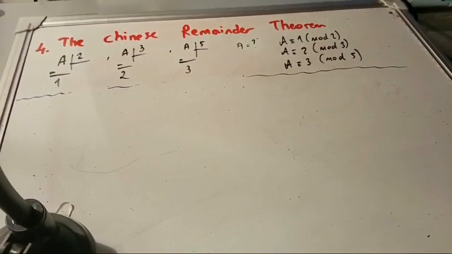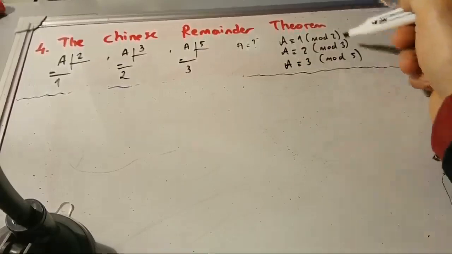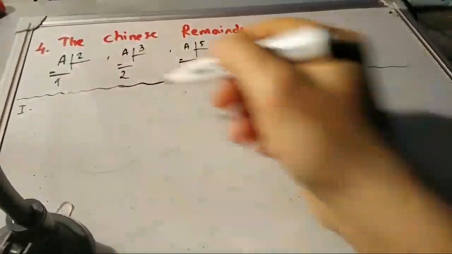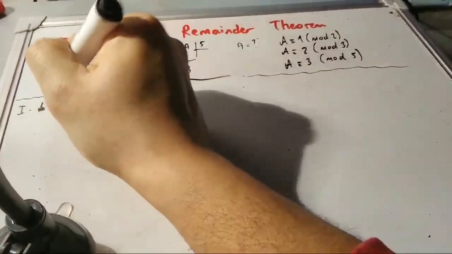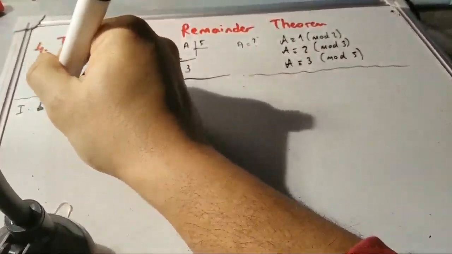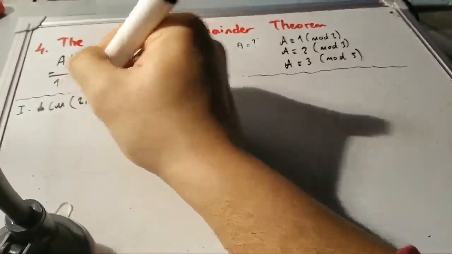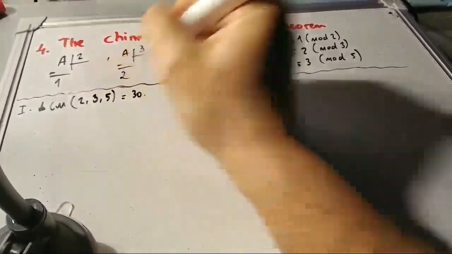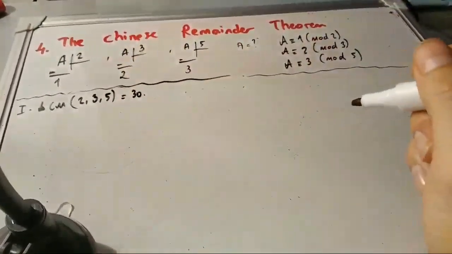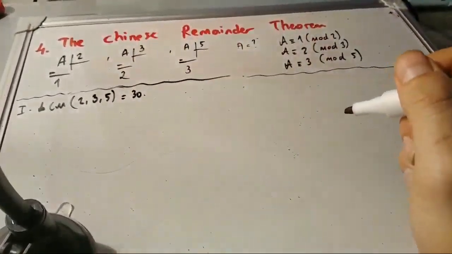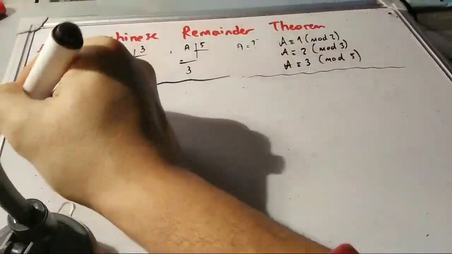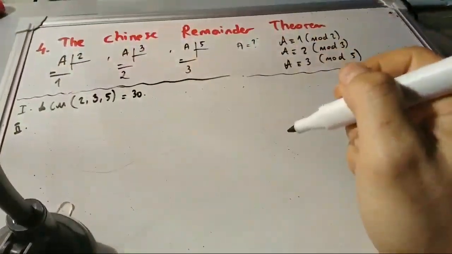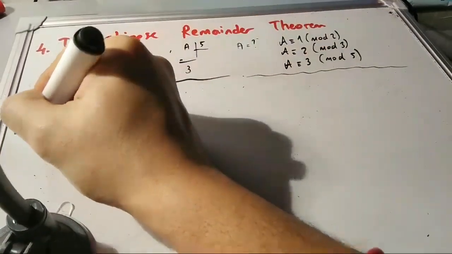First we have to find the least common multiple of 2, 3, and 5, which is 30. And after that, for the second step, we will find K1, K2, and K3.